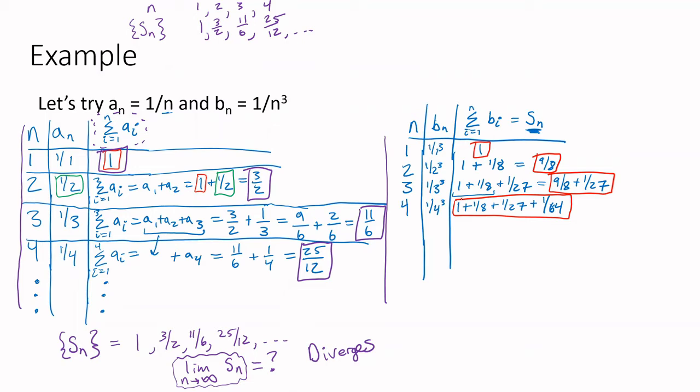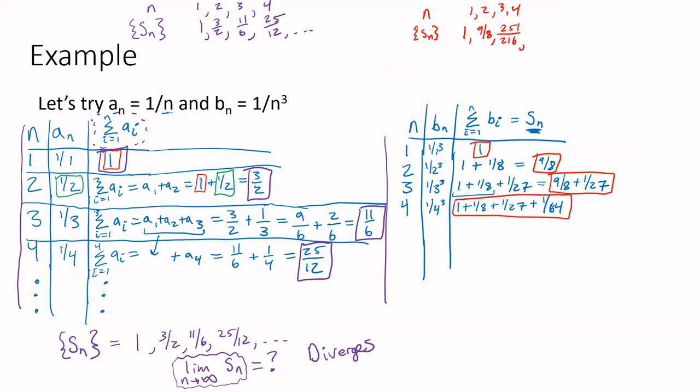So now my question would be, okay, here's n. So that's 1, 2, 3, 4. And I've got a new set of partial sums here, and that looks like this. Okay, so let's just do a couple quick calculations so we can look at what these numbers are. 9/8 plus 1 over 27 is 251 over 216.